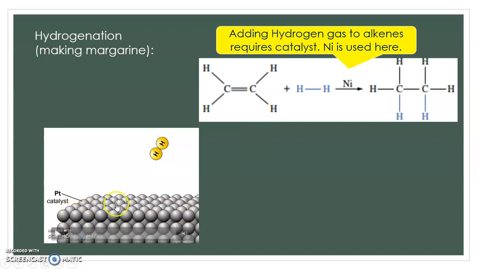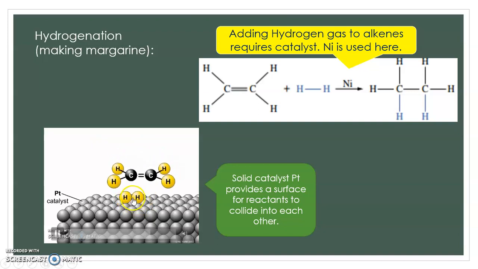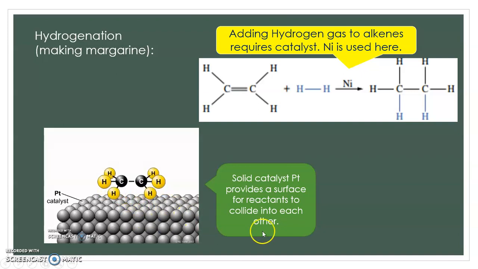The solid catalyst provides a place for the reactant particles to meet. Here it is. The solid catalyst traps the hydrogen gas so that ethene can come here and easily meet with the hydrogen gas. In that way, it speeds up the reaction.